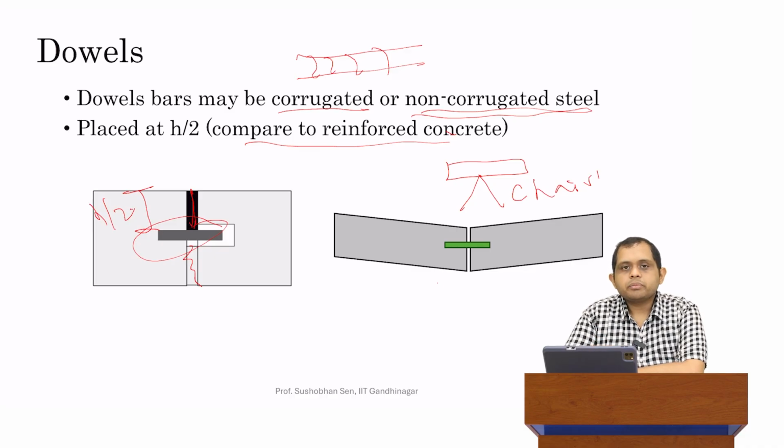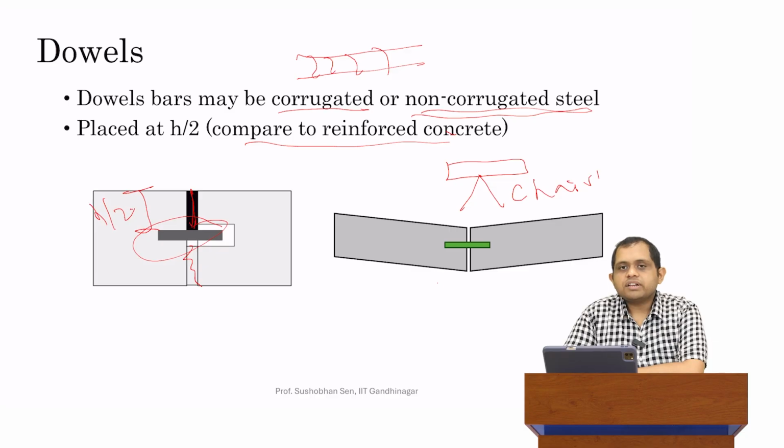And that load transfer mechanism is most efficient if the dowel is placed at this depth of H/2. Also, as you shall see a couple of lectures later, the tension side and the compression side of a rigid pavement keeps changing during the day. So depending on whether it's day or night, different sides have tension and different sides have compression. So we don't have a unique tension and compression side. So we can't actually just put the steel on the tension side.